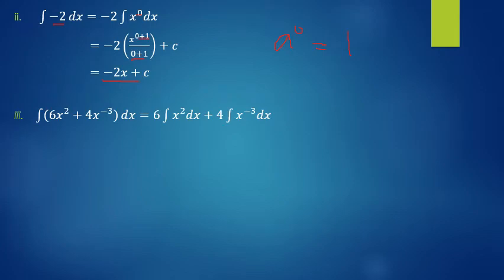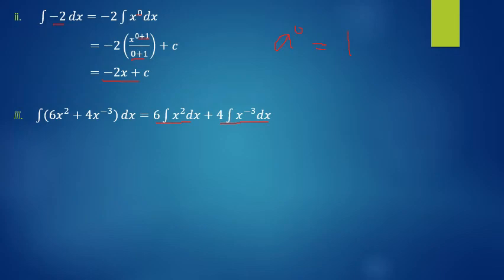So let's say we are going to get the integral of 6x squared plus 4x to the negative 3 dx. So just like the second rule, we can separate them into two integrals. And then we can bring out the constants.